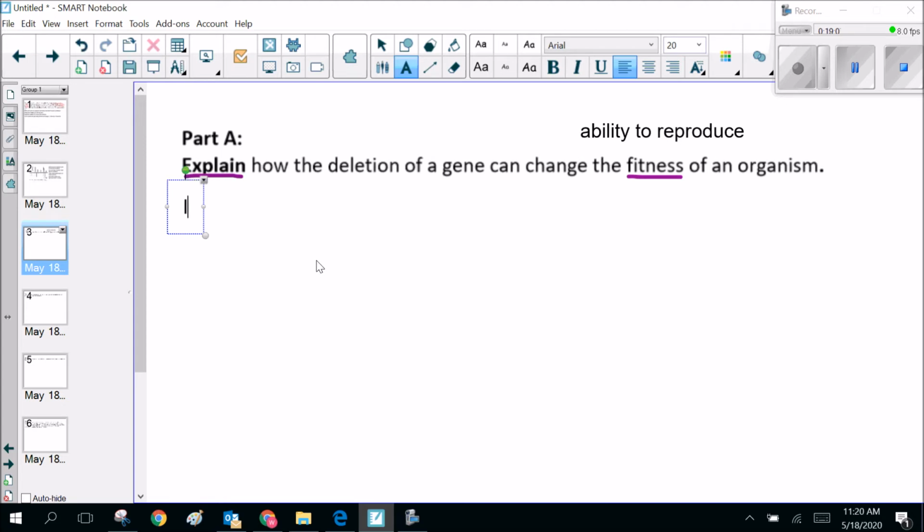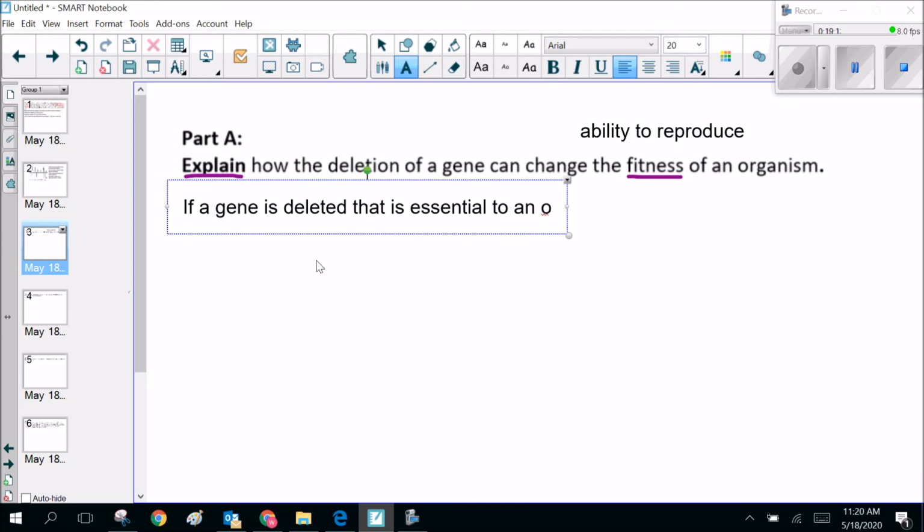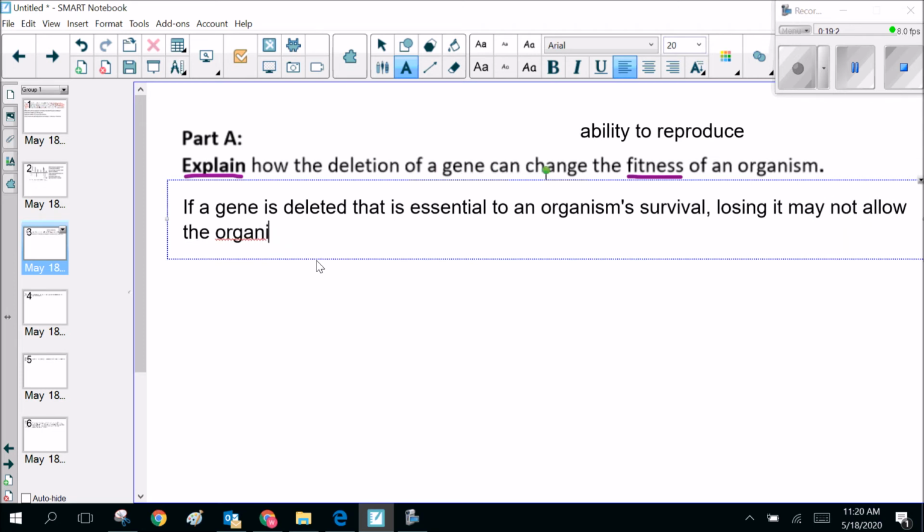Okay, so if a gene is deleted that is essential to an organism's survival, losing it may not allow the organism to survive, to reproduce.